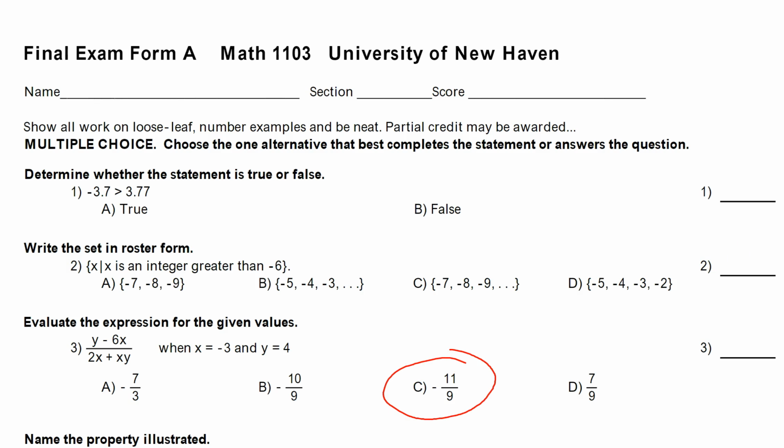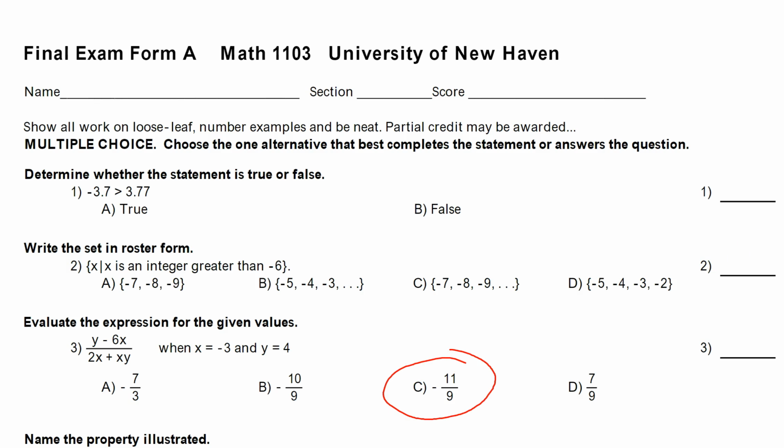Now, the additive identity property is if you have 2 and add a 0 to it, it's still 2. You can add 0 to anything and don't change its value. And then the multiplicative identity property is you can multiply anything by 1, and that doesn't change its value.